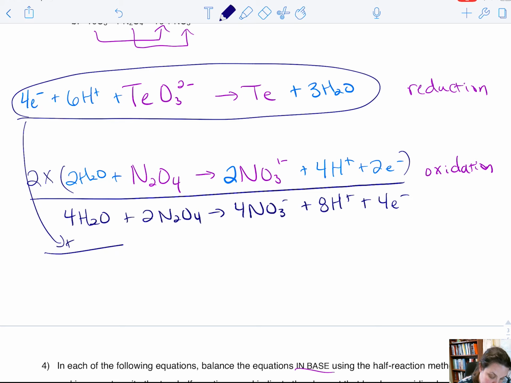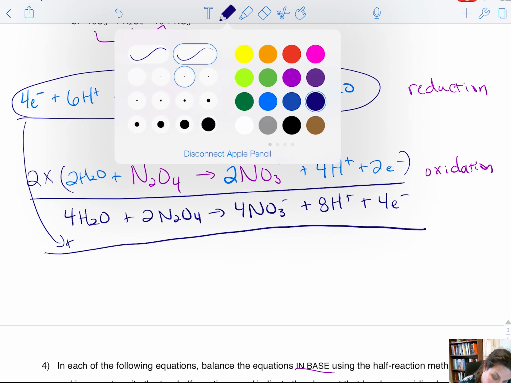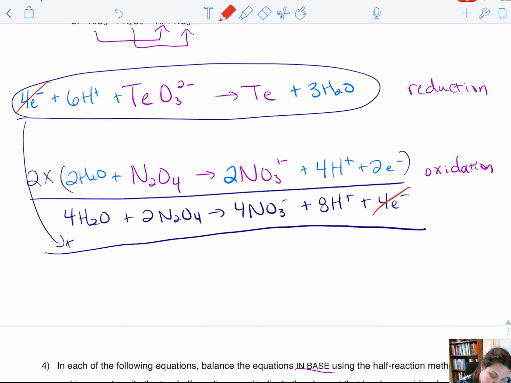And what we get at the end, after we cancel things out, so 4 electrons will cancel out. All 6 of those hydrogens will cancel out, giving us 2 left here. These 3 waters will cancel out, leaving us with 1 water here. And then we combine.